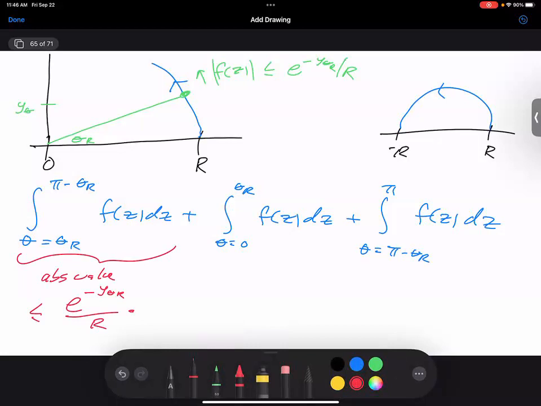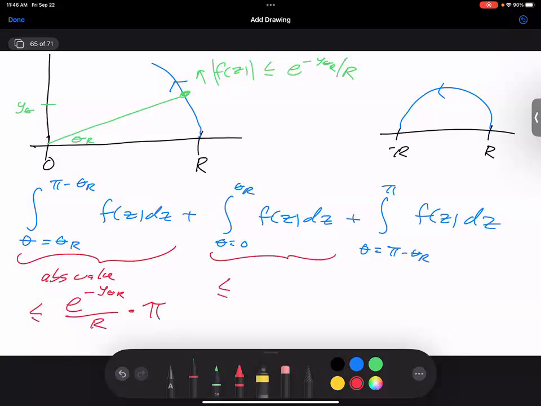And what is the theta here? Not theta r. I'm integrating from theta r to pi minus theta r. It's actually pi minus 2 theta r. Who cares? Theta r is going to be really small, so I can bound this times pi. So as long as y theta r is going to infinity, I'm going to get that extra exponential factor.